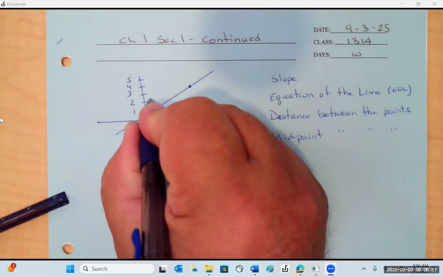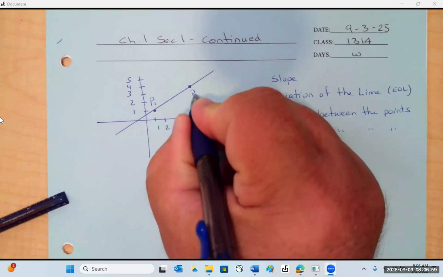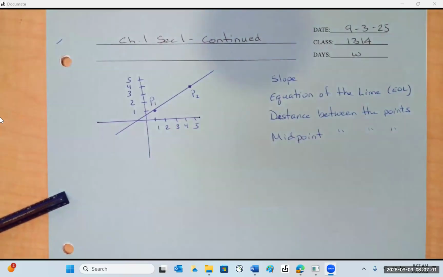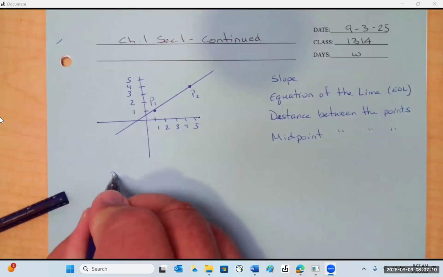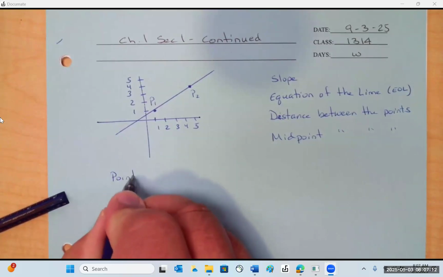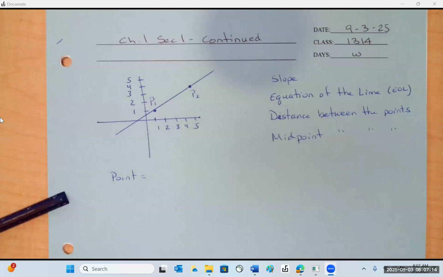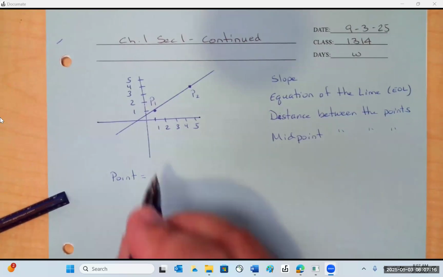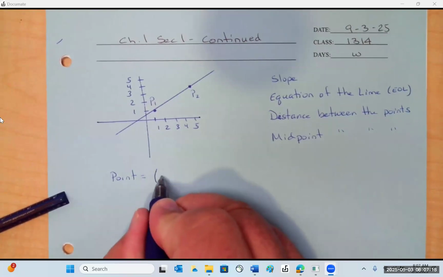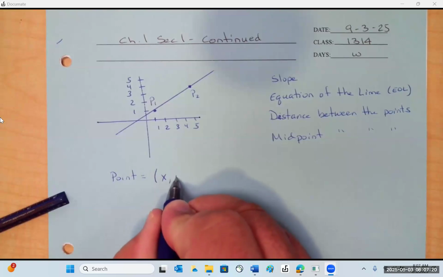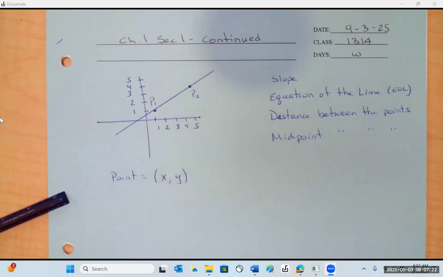So here we have point 1 and point 2. What constitutes a point? What do we need to have a point? More precisely. Ordered pair. The ordered pair is that.